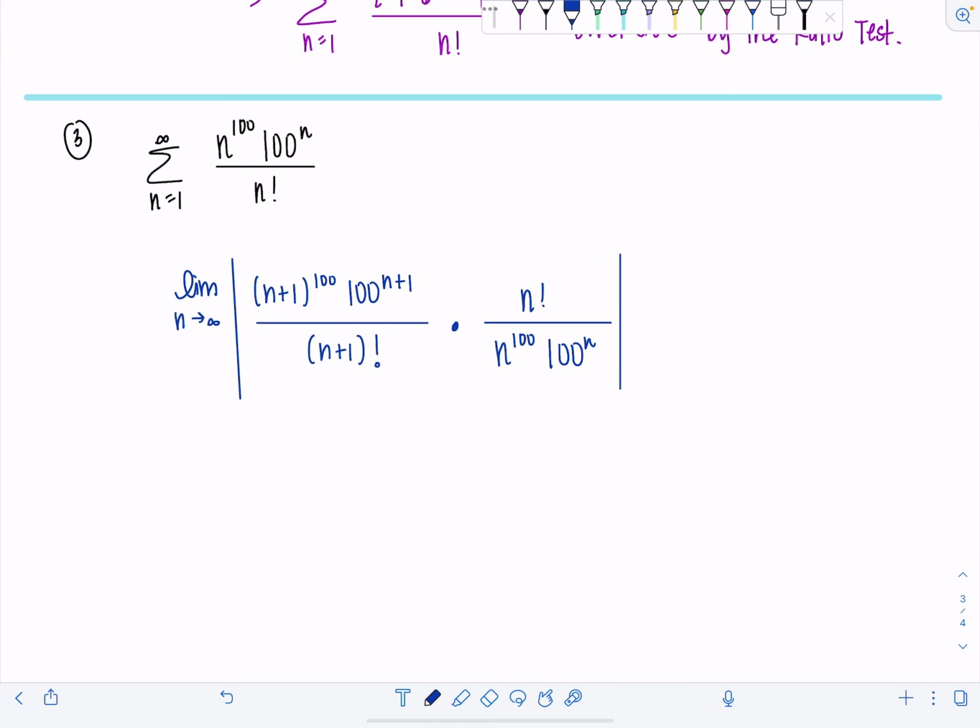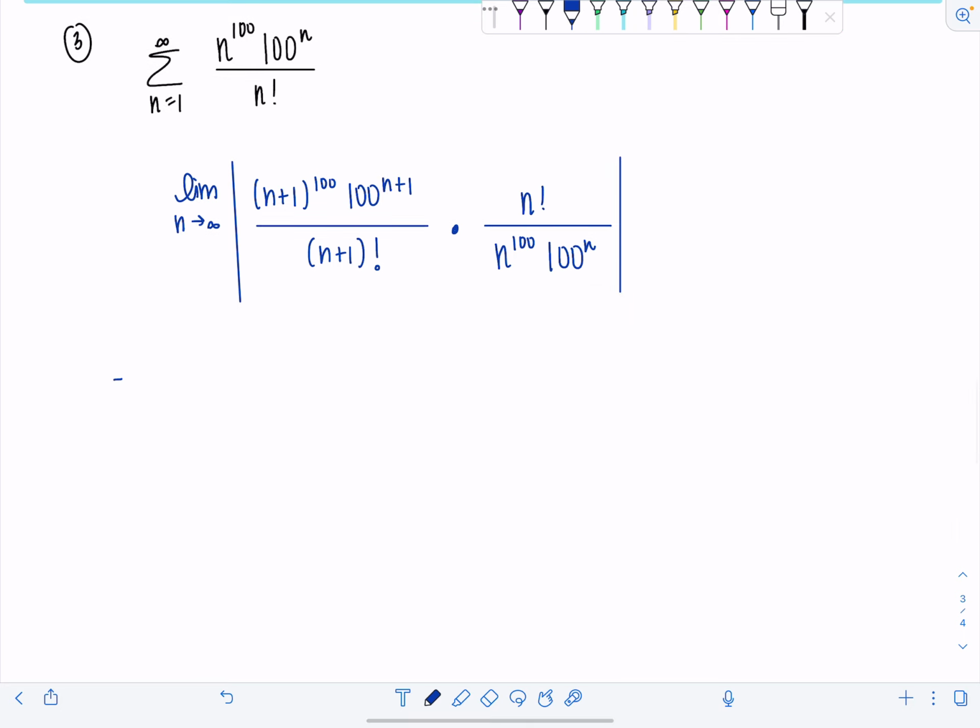Oh, fabulous. Okay, now we're going to start breaking everything down so we can cancel. So we've got limit, n goes to infinity. N plus 1 to the 100, I don't see too much that we can do, so let's just leave it like that, okay? So we've got n plus 1 to the 100 over, I have 100 to the n plus 1, so I'll write that as 100 to the n times 100 to the first.